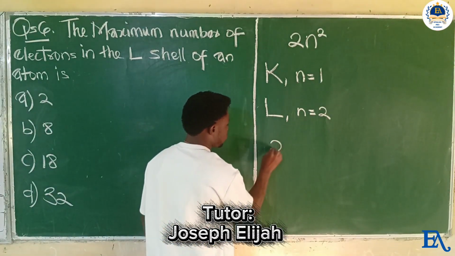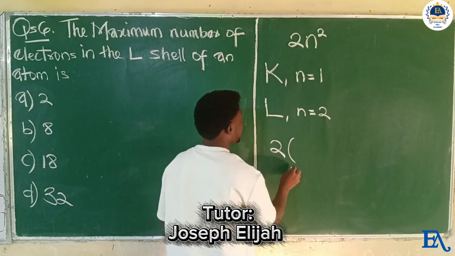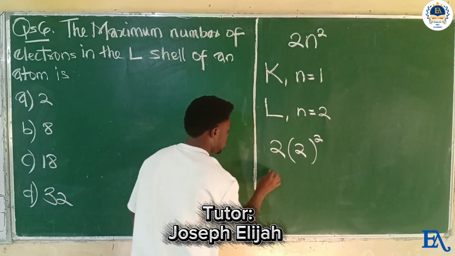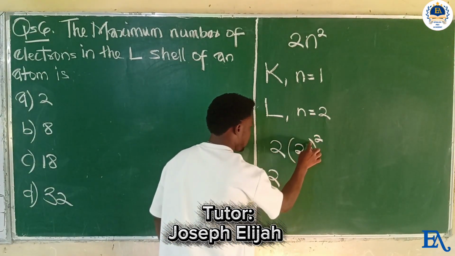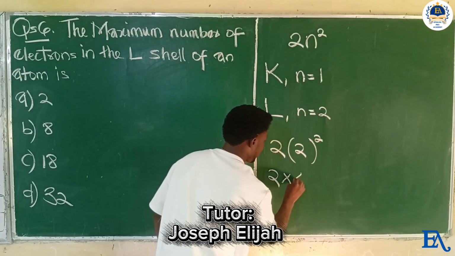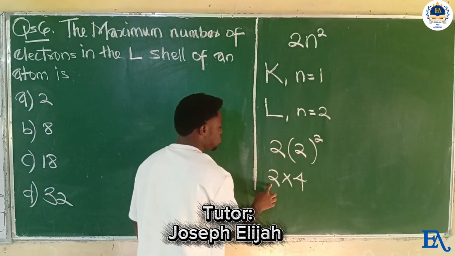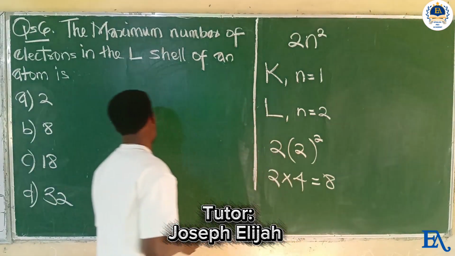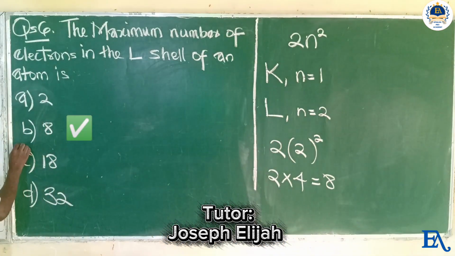So we have 2 in parentheses, 2 raised to the power of 2. 2 raised to the power of 2 gives 4. And 2 times 4 is equal to 8. So the correct option is option B, 8.